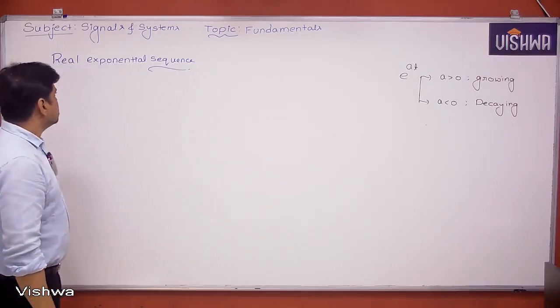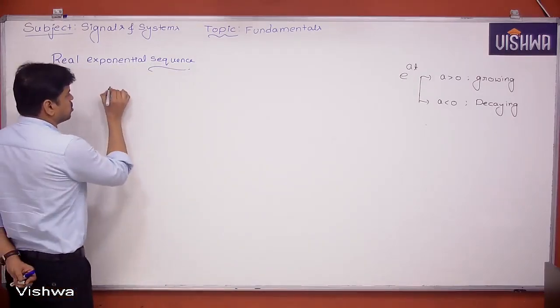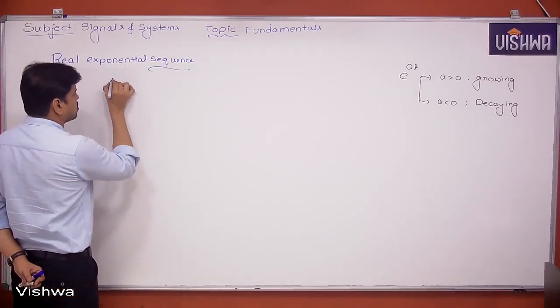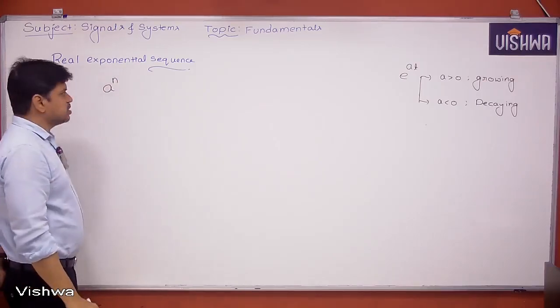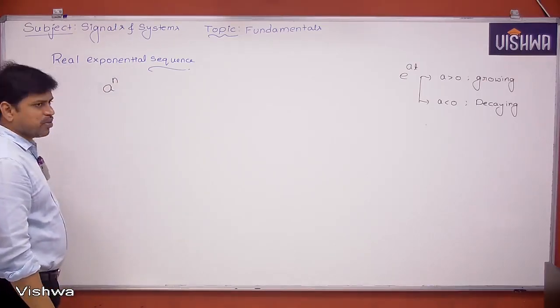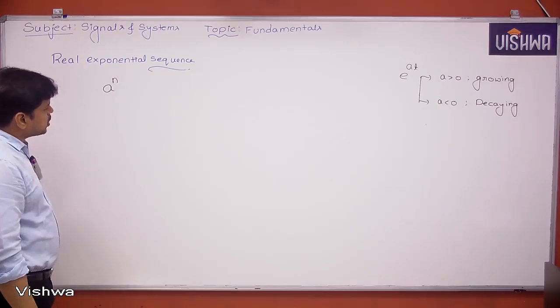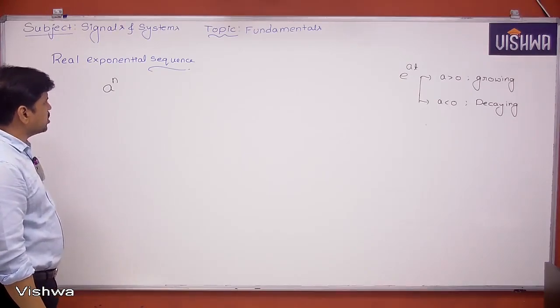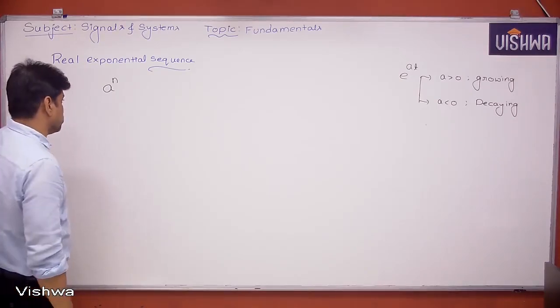Whereas in the discrete time case, the notation of the exponential signal is a power n. Here also, depending on the value of a, it can be a growing exponential or a decaying exponential.